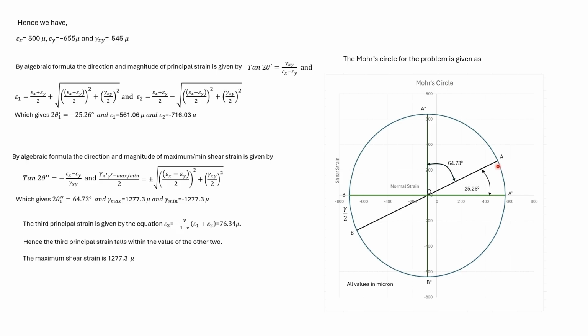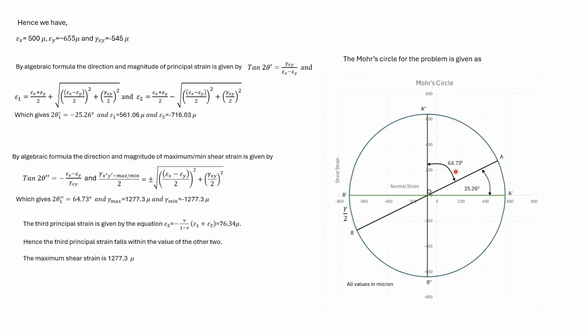Here the problem has been solved using Mohr circle. At A, the x ordinate is 500 micron. Gamma xy is half of 545.